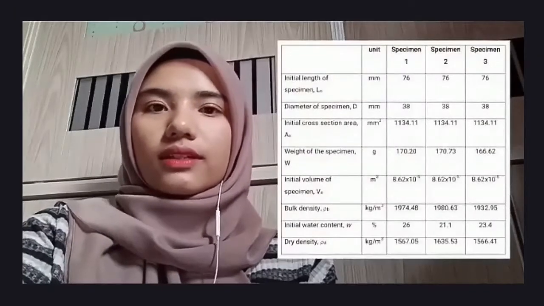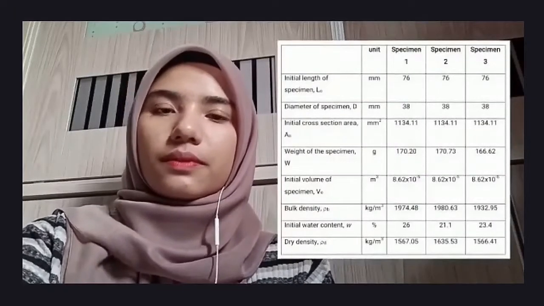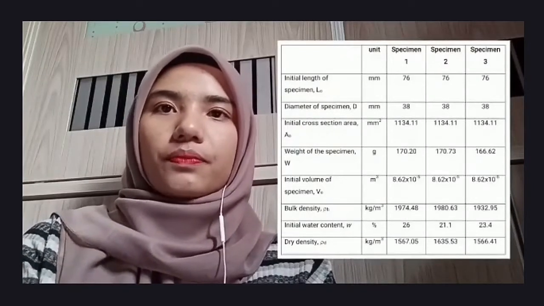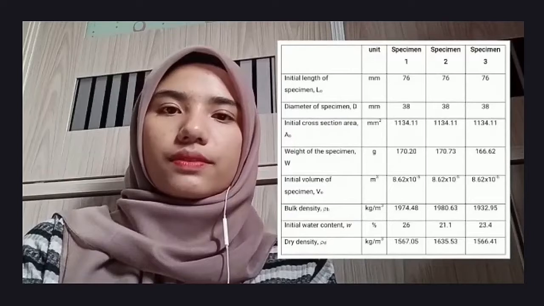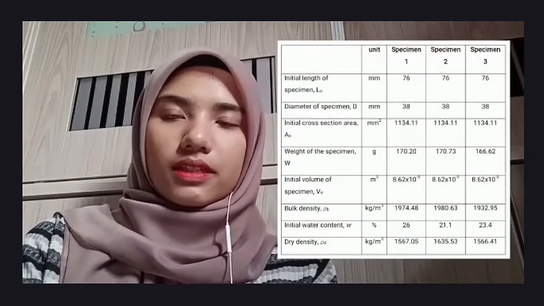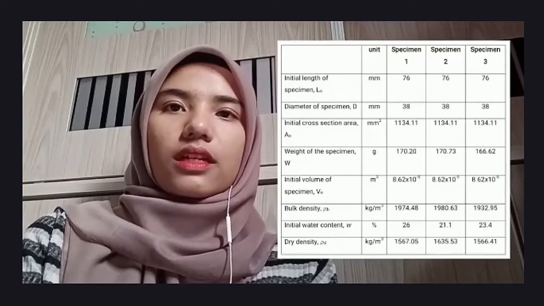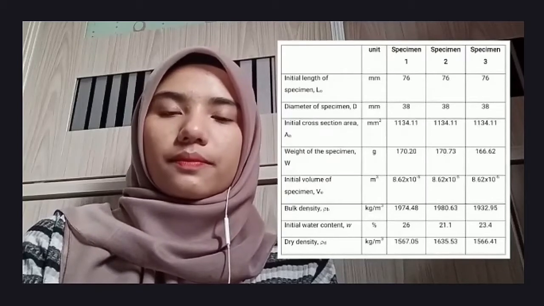For the result of this test, we can see specimen 1, specimen 2 and specimen 3 have the same value for initial length of specimen, diameter of specimen, initial cross-section area, weight of the specimen, and initial volume of specimen.